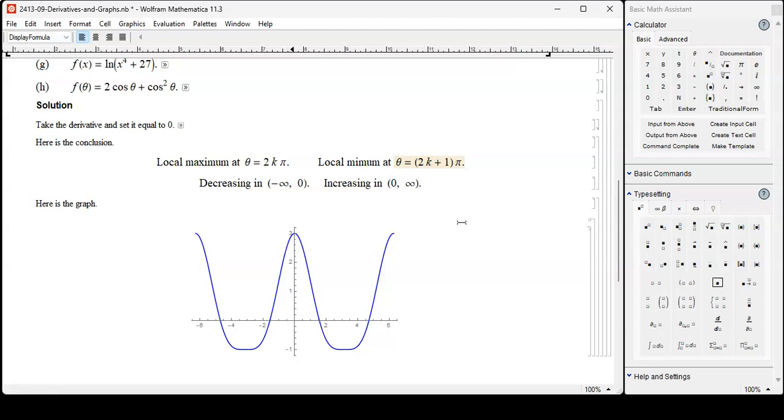And then increasing, decreasing from pi to, okay, looks like increasing from odd pi to even pi, increasing. Now let's do decreasing first.